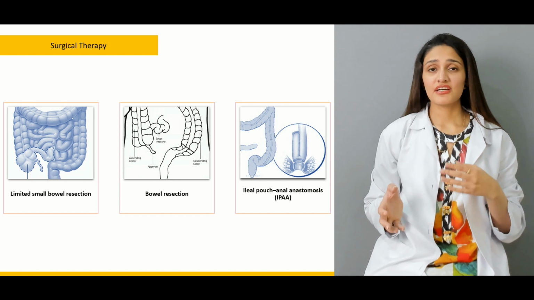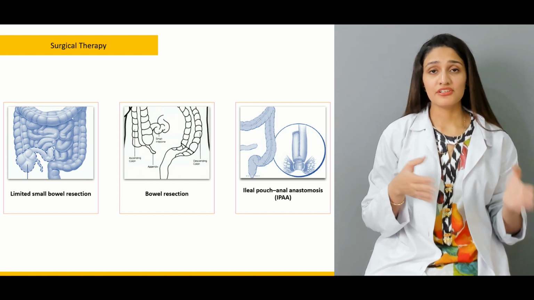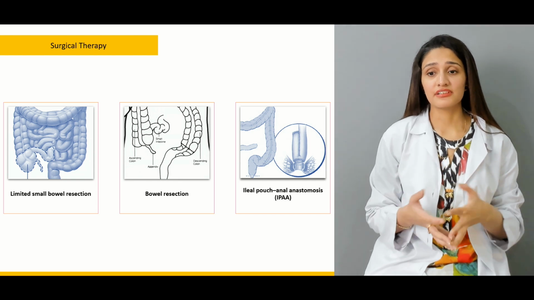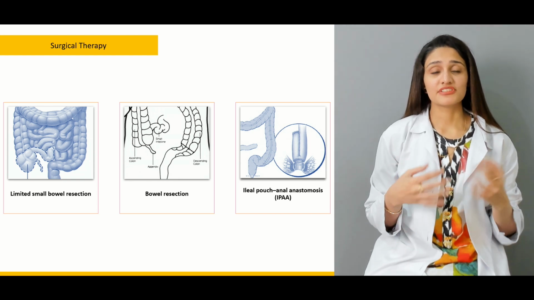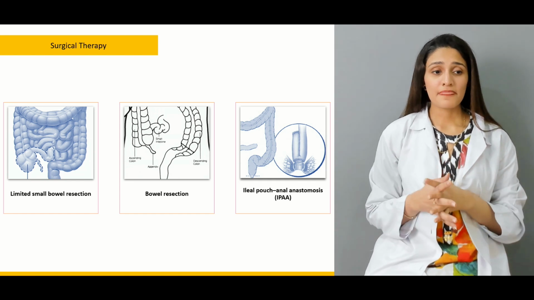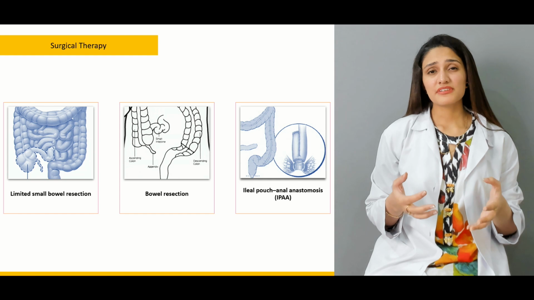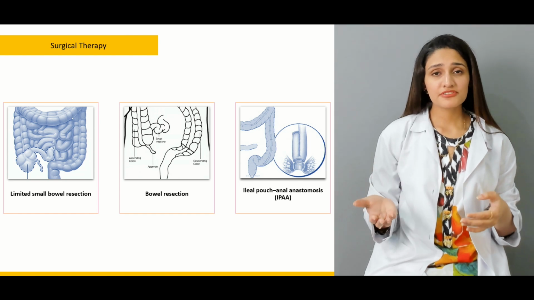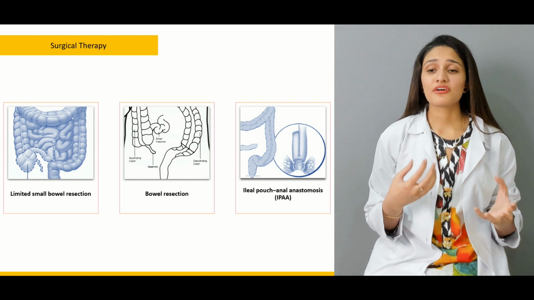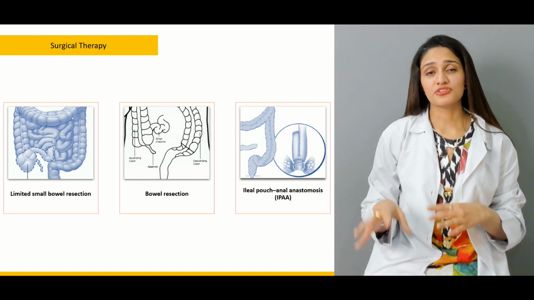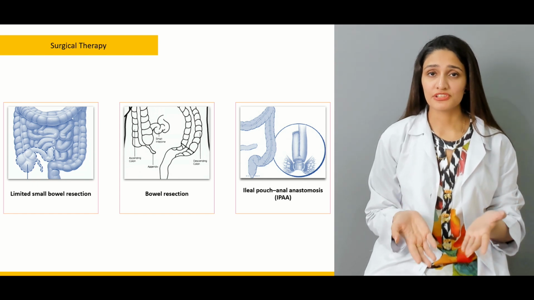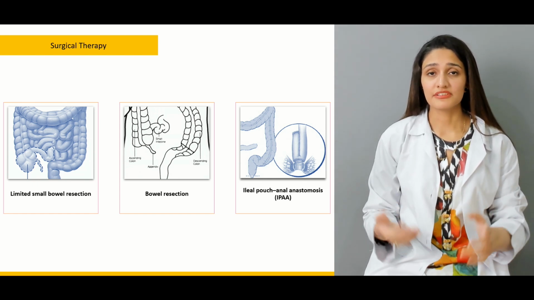If a patient is not responding to any of these other small bowel resections, then we can offer IPAA, which is ileal pouch anal anastomosis. There are a lot of drawbacks to this surgery. What really happens is that there is a relapse of this pouch, so this is not usually recommended, but it's one of the types of surgeries that are available.